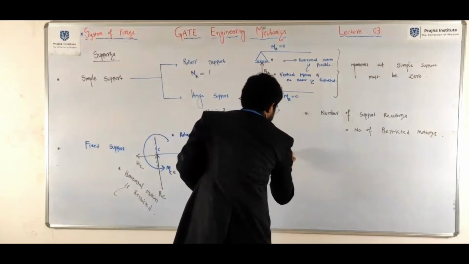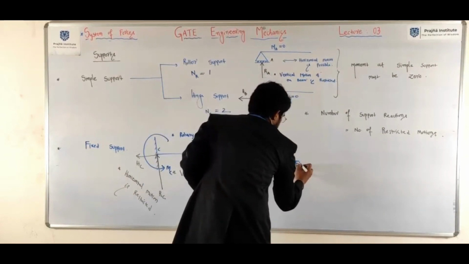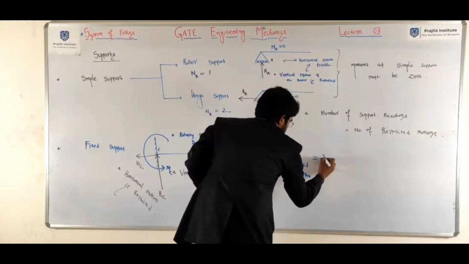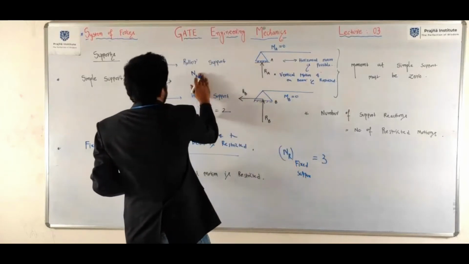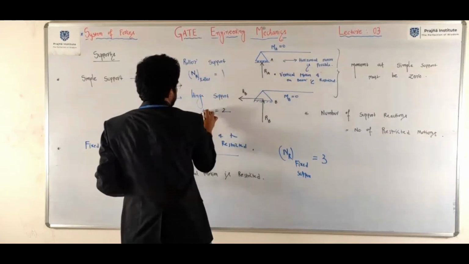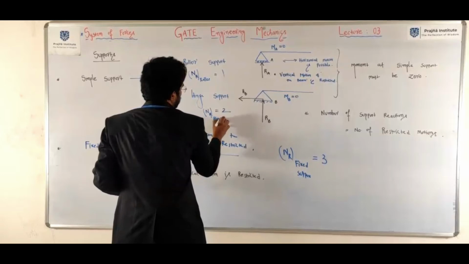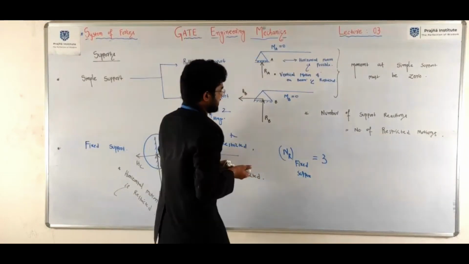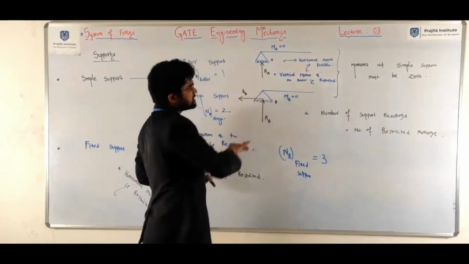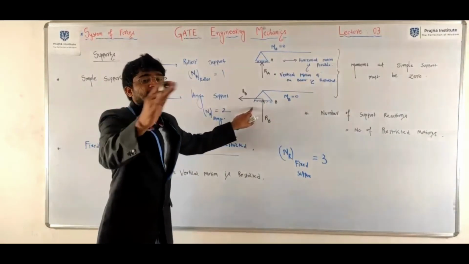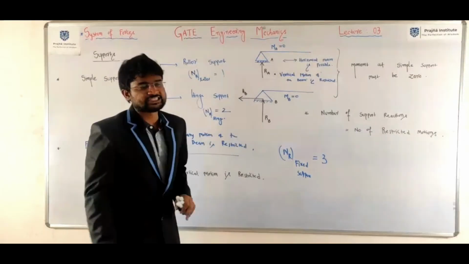Number of reactions for fixed support, 3. Number of reactions for roller support, 1. Hinge support, 2. Here vertical and horizontal motions are restricted. That is why reactions came in that particular direction.